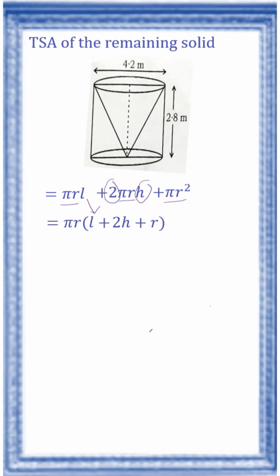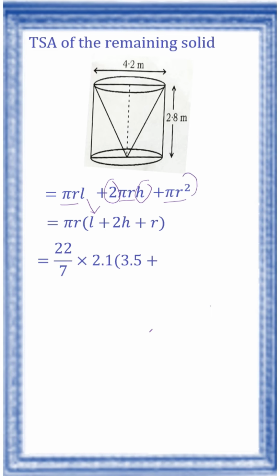Now let us find the TSA of remaining solid. We have already derived a formula. TSA of the remaining solid is equal to pi RL plus 2 pi RH plus pi r square. Here observe that pi r is common. So now let us take out pi r, L here, 2 into H, here r.